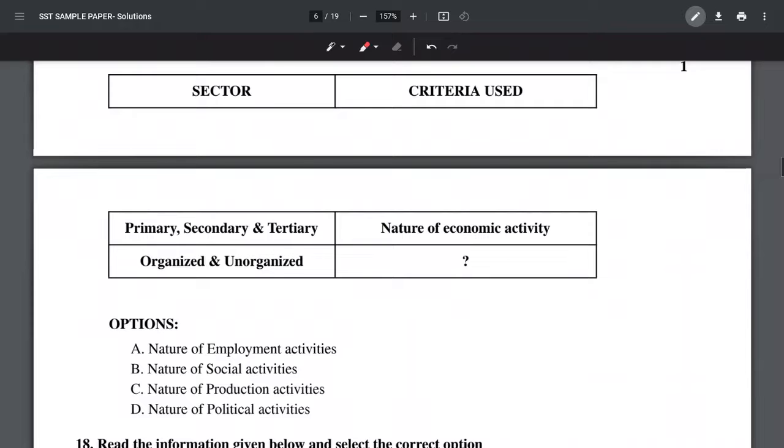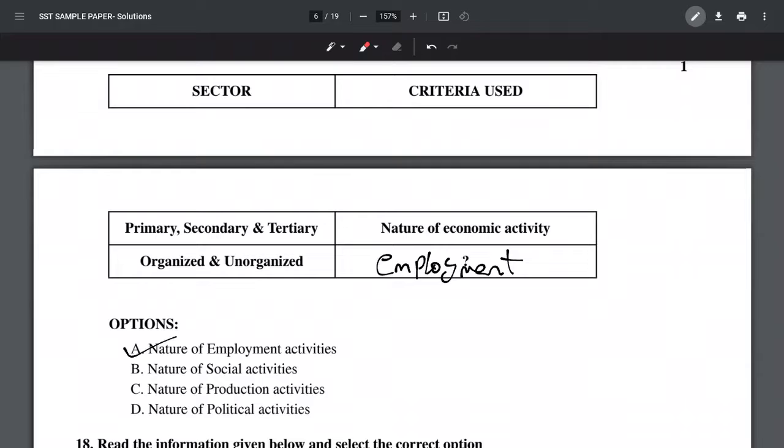But organized and unorganized refers to how people are employed. Isn't employment the main condition over here? Employment is the main condition where organized and unorganized sectors come in. So nature of employment activities will be the right answer.